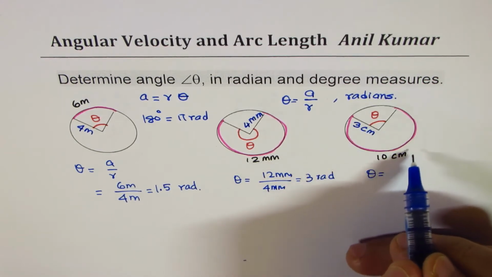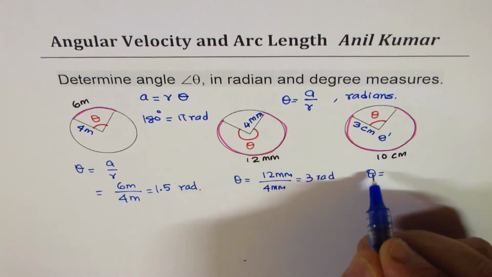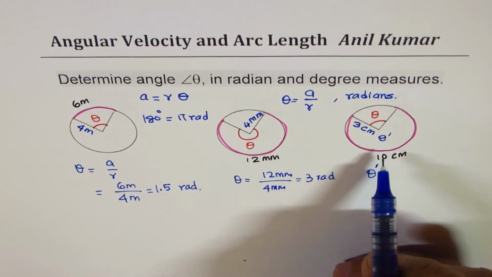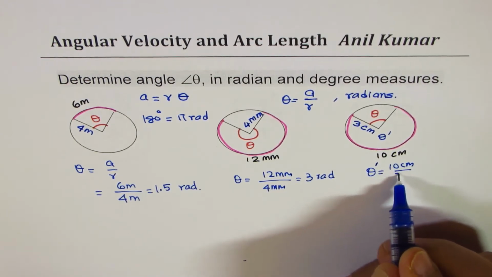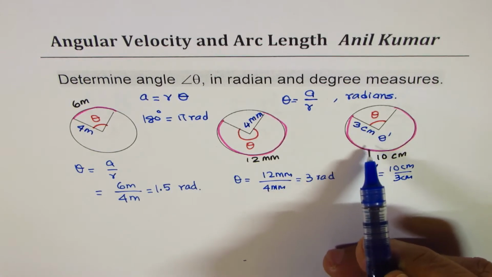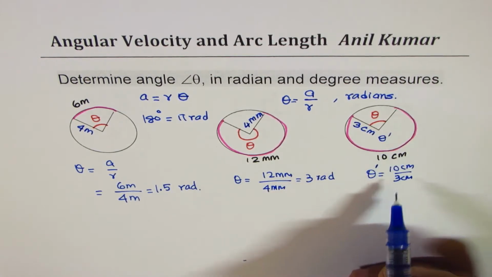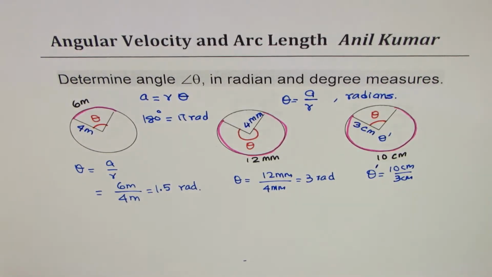However, we are given these sides, so let me call this theta dash, because when I divide 10 centimeters by 3 centimeters, what I get is the big angle. So theta is going to be 2 pi minus 10 divided by 3.